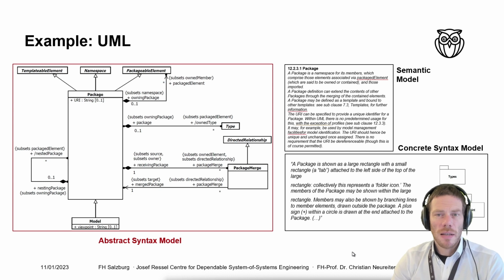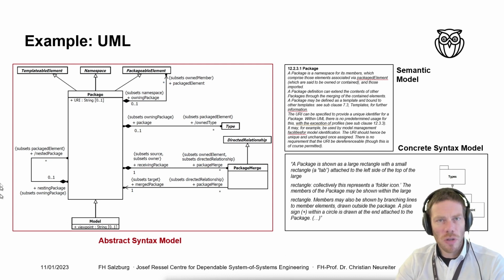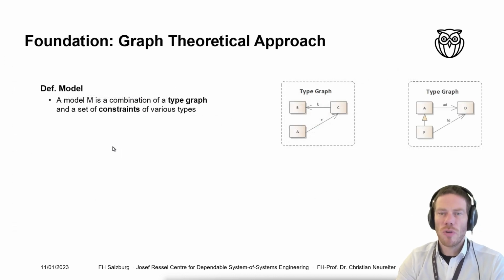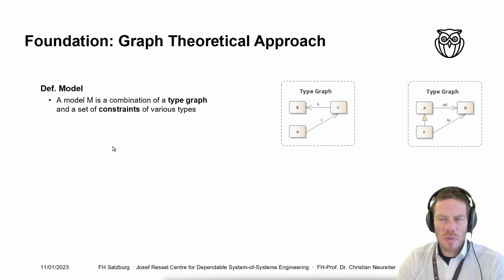And to better understand the connection between the meta model and the model itself, we need to take a closer look at the foundations of everything, which can be found in the graph theoretical approach. In that case, we define a model as a combination of a type graph and a set of constraints of various types.